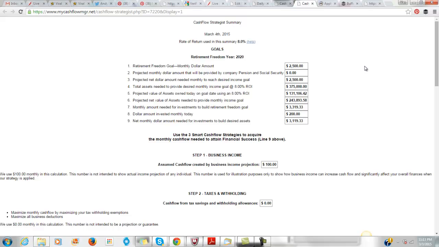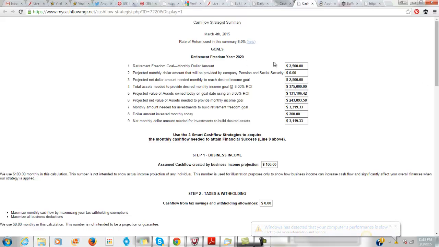You know what type of money you've been saving, and you know where you're falling short. So once you view this information and you see that you are falling short of your goal, you may want to come up with a plan of action on how you're going to make up the difference. Or you might have to increase your retirement freedom year.